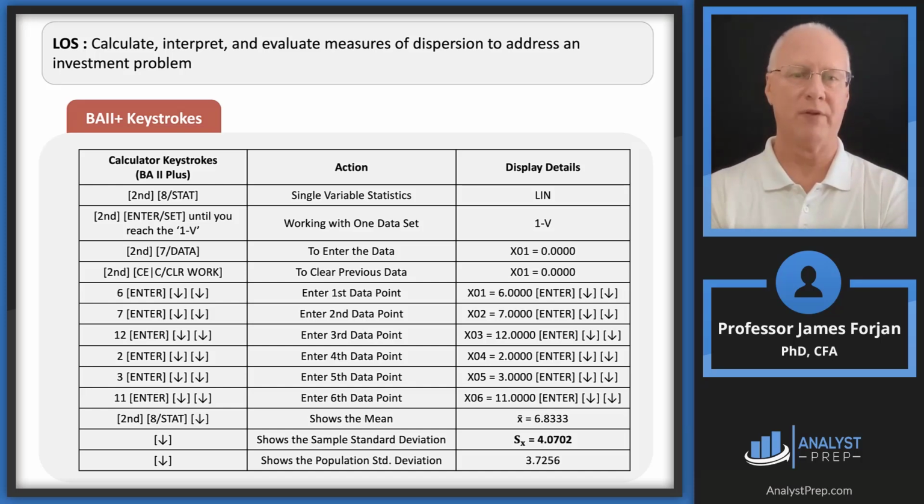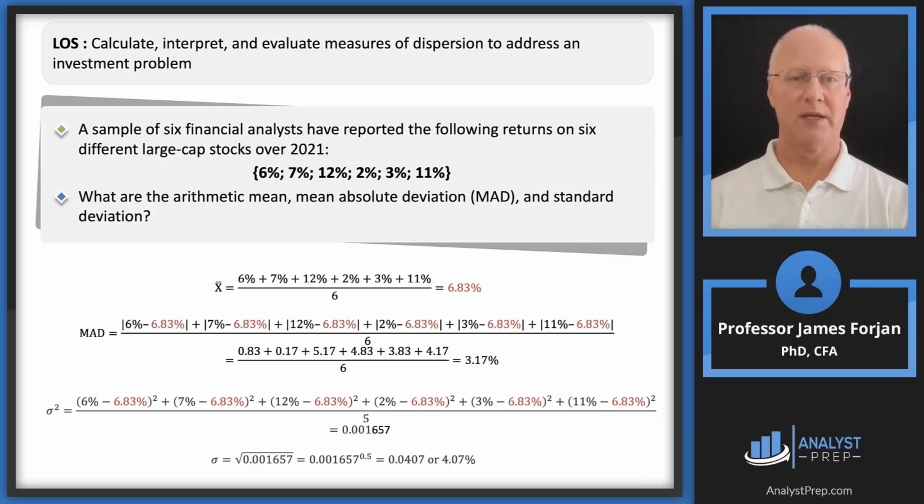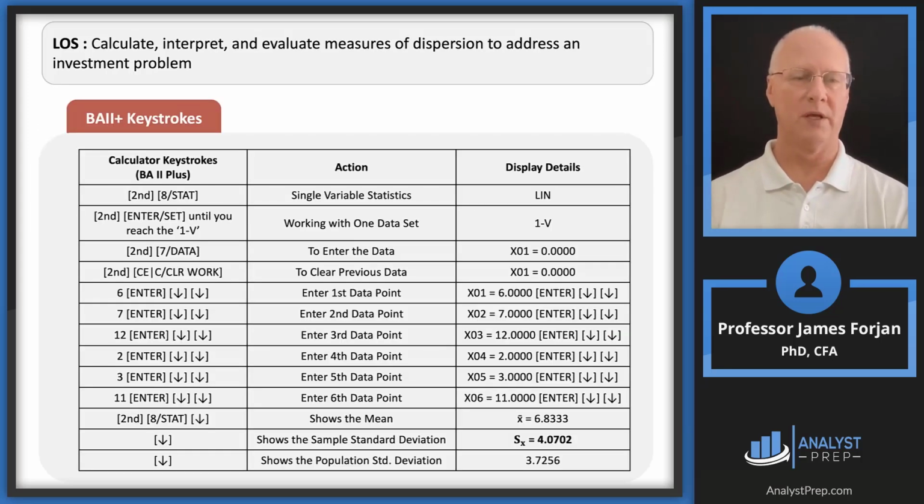All right, so you ready for this? So let's go back to the data set. We've got 6, 7, 12, 2, 3, and 11. So what we're going to do is enter those into the financial calculator. The way we do this is we're going to hit the data key. So hit your second key and then go hit the 7. You see the word data is underneath your 7.